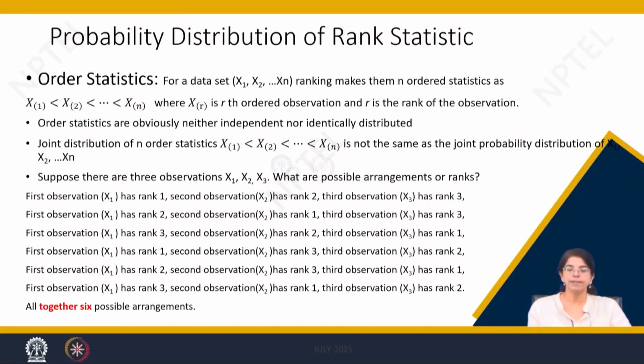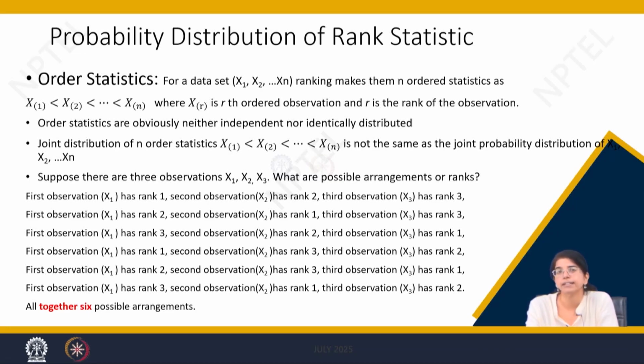Probability distribution of rank statistics. By now, you can understand that rank is a statistic. Rank is a function of the sample observations. It depends on the observations which you have collected. So for a data set, say x1, x2, ..., xn, ranking makes them n ordered statistics, x(1) less than x(2) less than ... x(n).